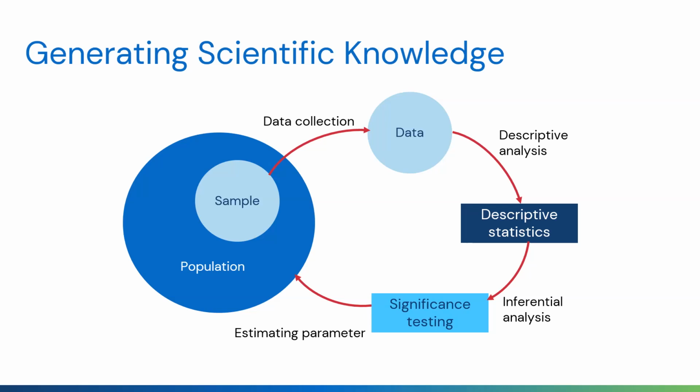We can conduct what we call inferential analysis. And we can also do significance testing. And then it gets really murky and fancy, where we can estimate parameters, or what I call characteristics, about that population based on that sample. This is a giant cycle. All right, that sounds like a lot. Let's break it down a little bit more.